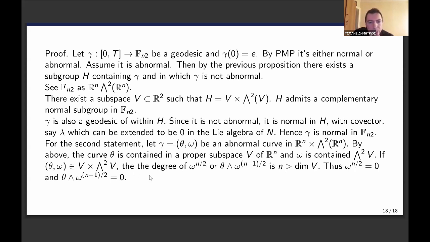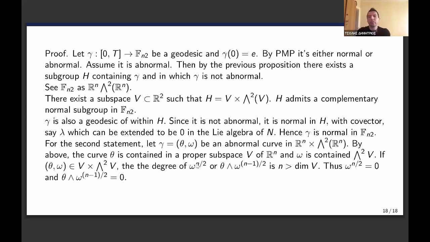So now we take this wedge product of omega, which is a 2 form, we take it n over 2 times, and then here will be an even number. And we take this also, this wedge product here, and here omega is just this wedge product n minus 1 over 2, and then here is an odd number. Now we know that both are 0. Why?